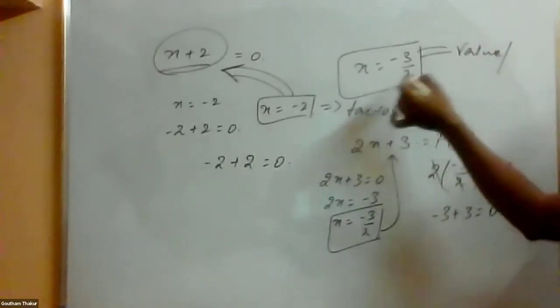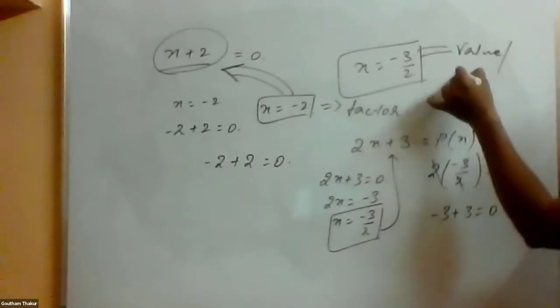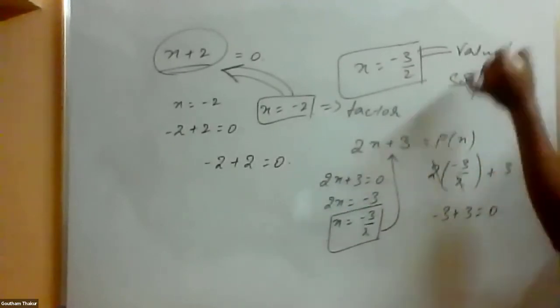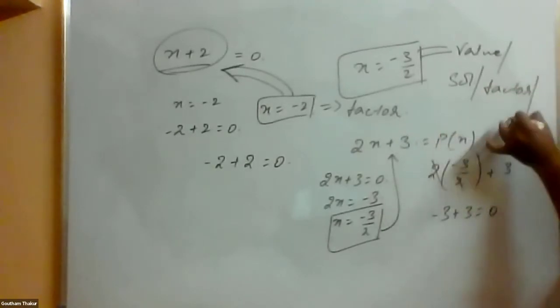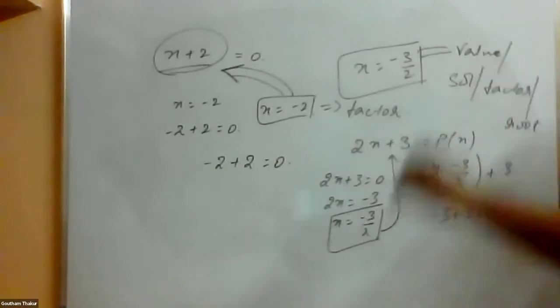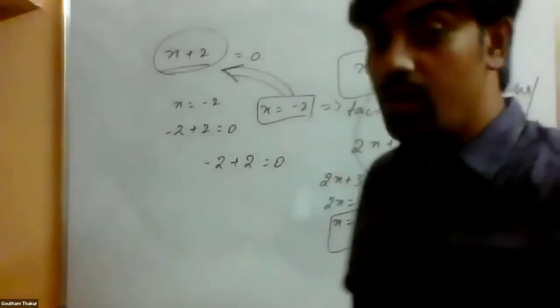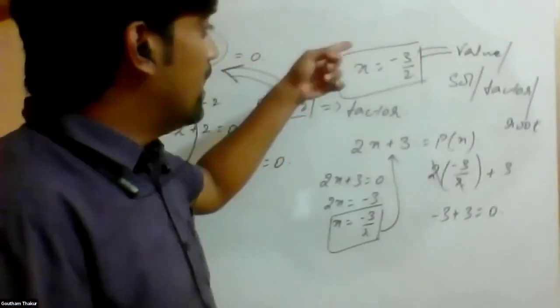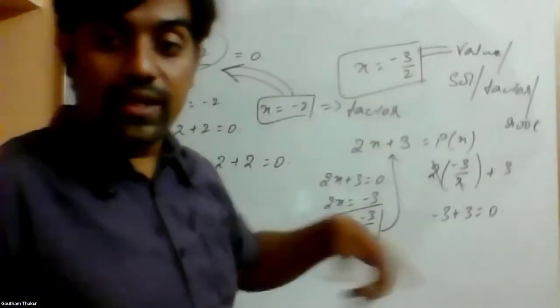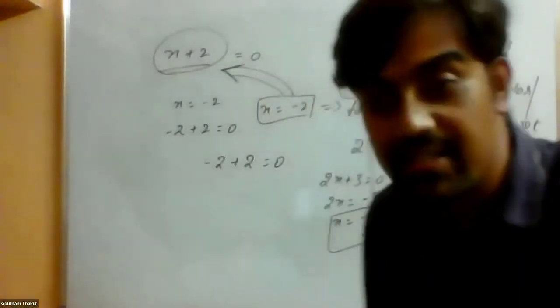Or I would say the solution, or the factor, or the root. In Olympiad questions, don't expect direct questions like what is the factor or what is the root; it can be asked in any way.